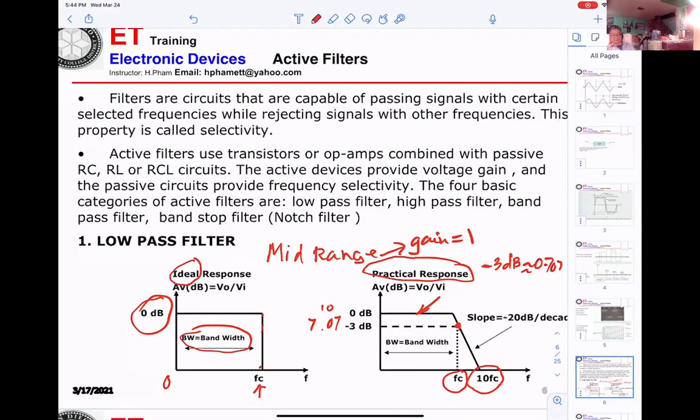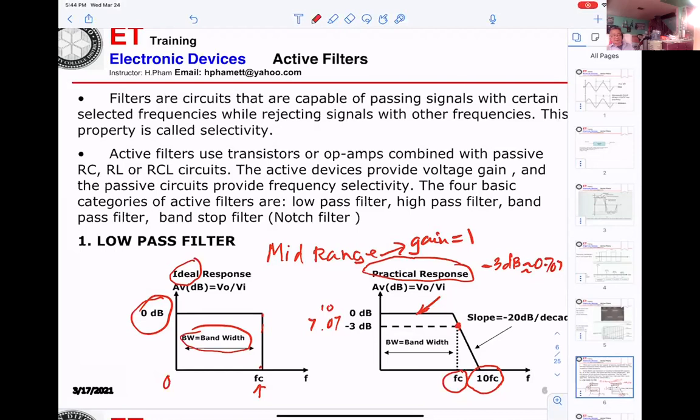At the cutoff, it is down 70.7%, or minus 3 dB. To get the voltage, you take 10 times 0.707 and get 7.07 volts.